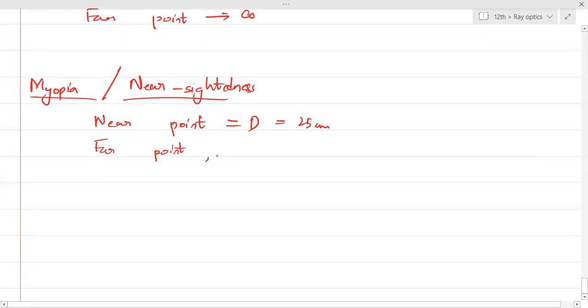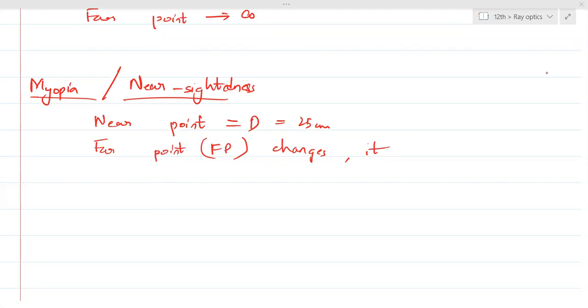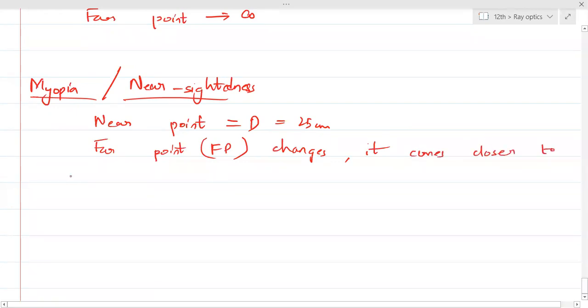I'll just call it FP. FP changes, right? It comes closer to the eye. अब side depends on कि far point कितना पास में है, ठीक है? Myopia वाले केस में this happens.